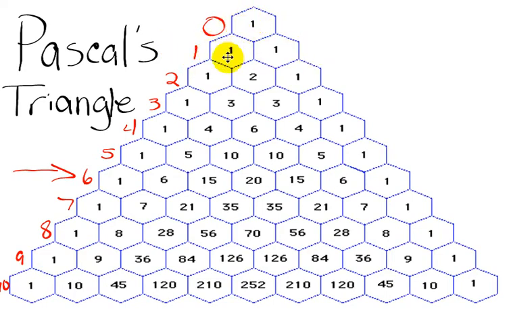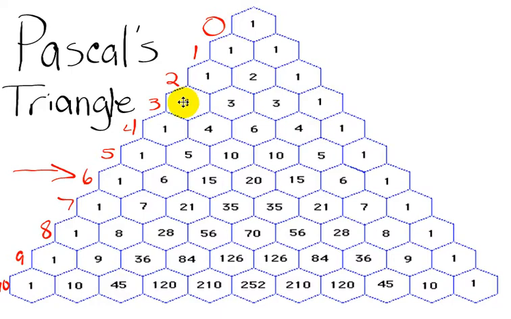If you notice, both edges of the triangle are all 1s. That's how Pascal's triangle is constructed. On the outsides, it's all 1. But on the inside, for example, the next number is 2, and then a 1. For the third row, you've got a 1, a 3, and a 1.